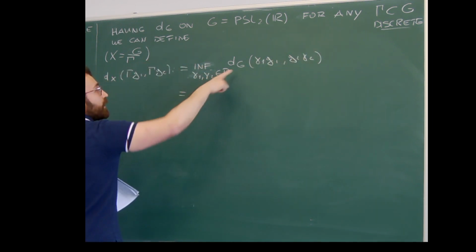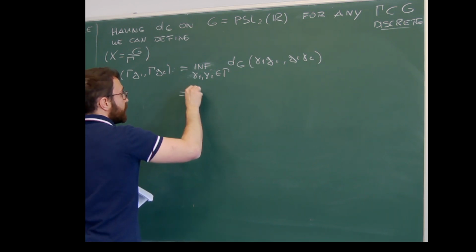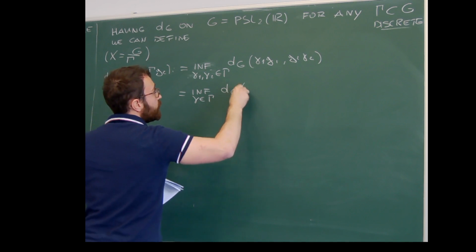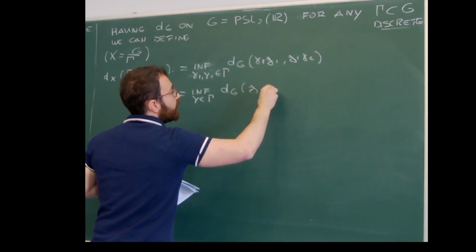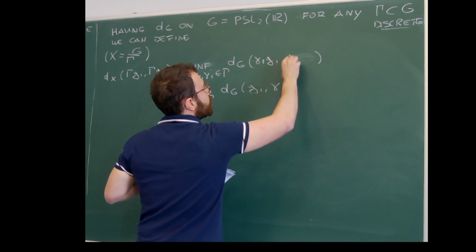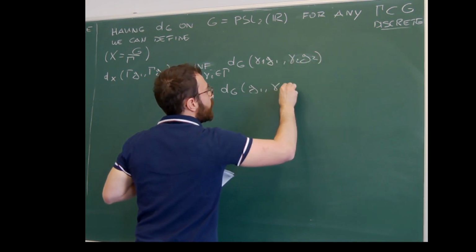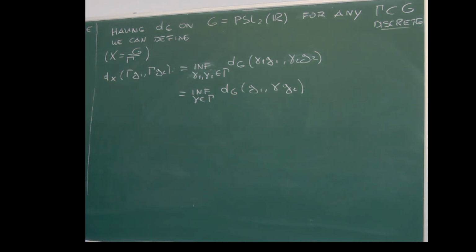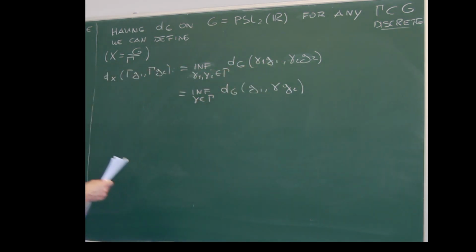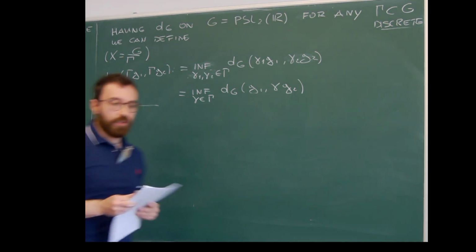But since the metric dg is invariant, this is also equal to the inf over gamma in gamma of the distance in G between G1 and gamma G2, because you can just take this gamma 1 and bring it to the other side. Good. Then what I want to prove now is the following thing.